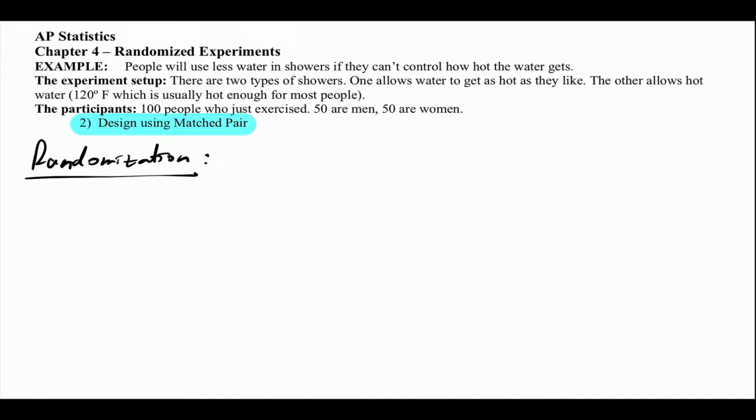So let's say I'm being paired against myself. I just exercised, I'm ready to go in the shower. Somebody has to decide which shower I go to, and they have to have a random process. Okay, so let's write that down.